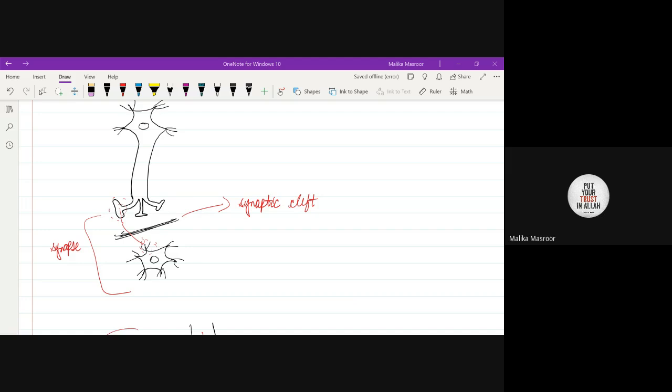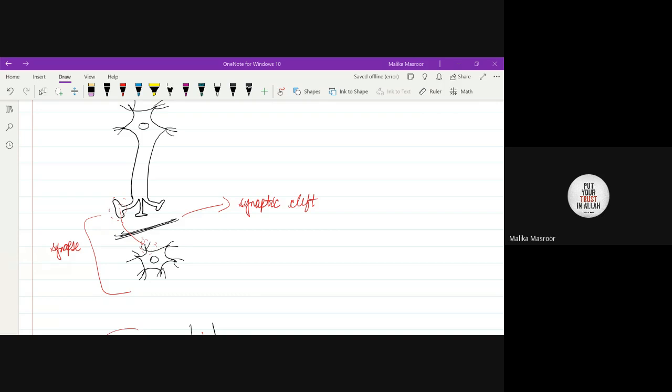And where do these neurotransmitters come from? Vesicles. And how will they come out? What will happen that they will come out of the vesicles? Does it just come out of nowhere at any time, or is it at a particular time?